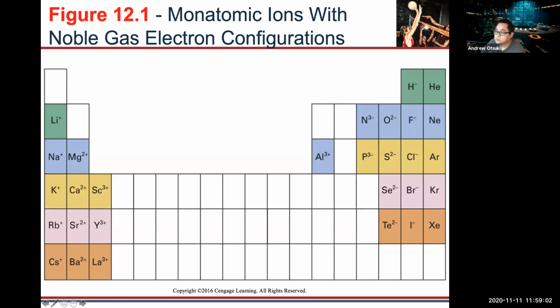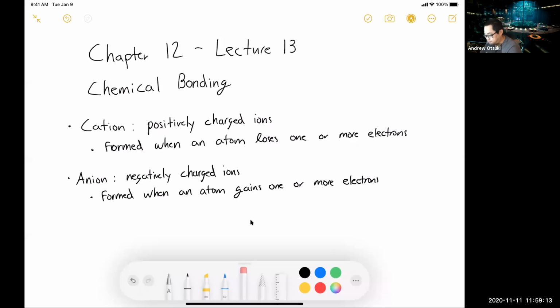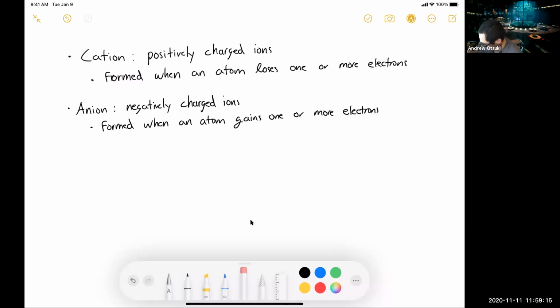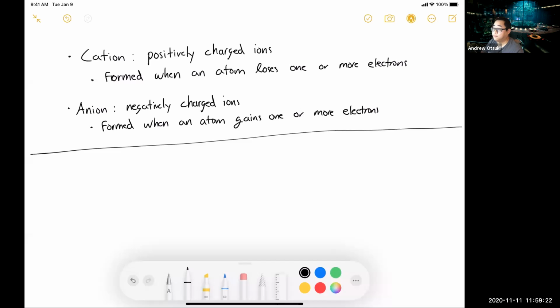Okay, so now let's go back and talk about an active exercise. Let's draw a line here. All right, let's talk about the first active exercise for today.